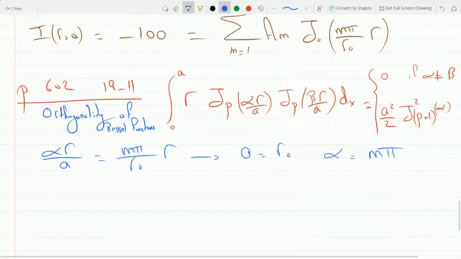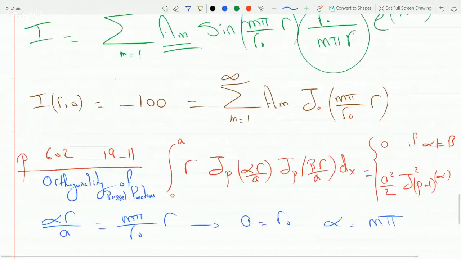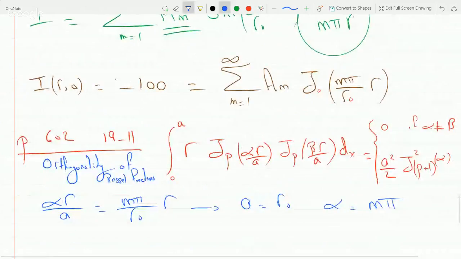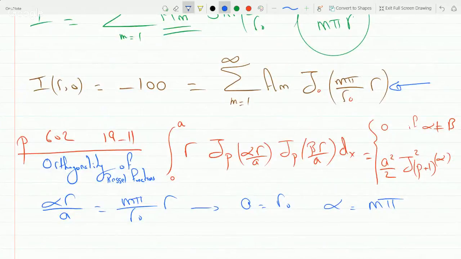So what I'm going to do is multiply both sides of this equation by the Bessel function of n pi r over r0.